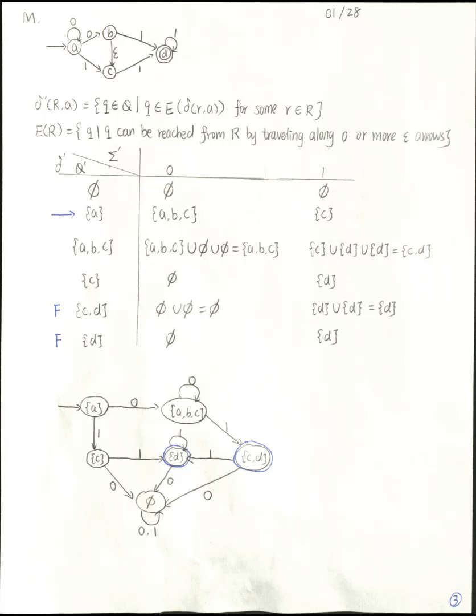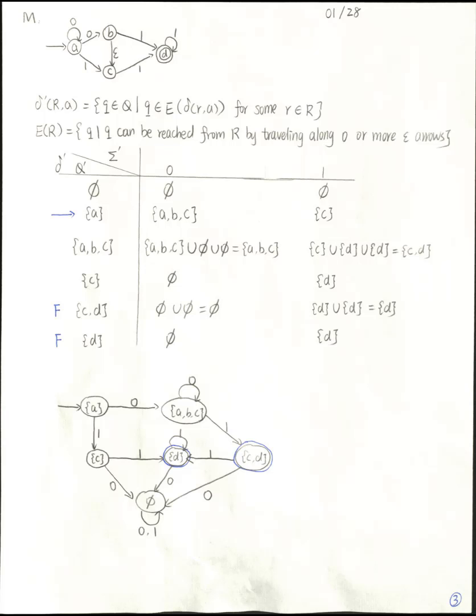So from A, reading a 0, I reach ABC, and reading a 1, I reach C. And from ABC, reading a 0, I'll stay at ABC, and reading a 1, it reaches CD. And still we have this empty set. Once you reach the empty set, you will stay at the empty set. So that's kind of a trap state. Once you reach there, there's no way out.